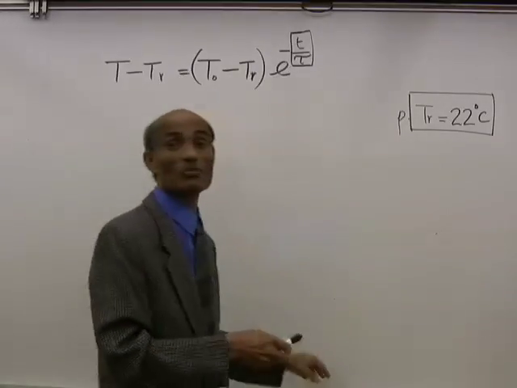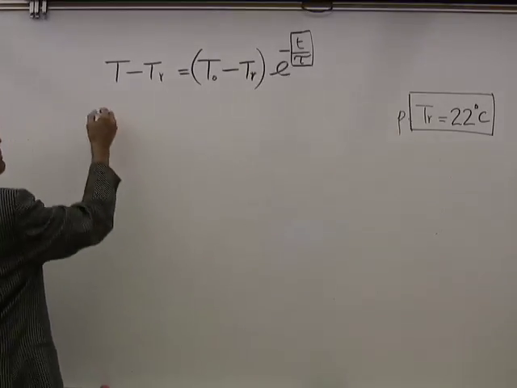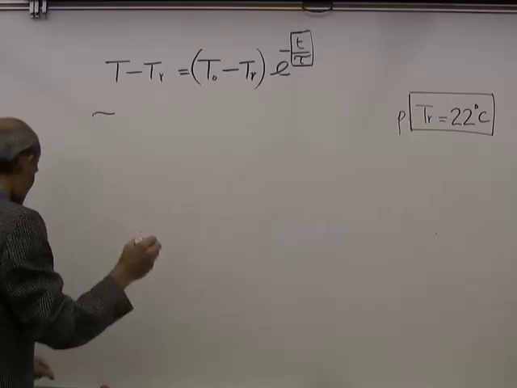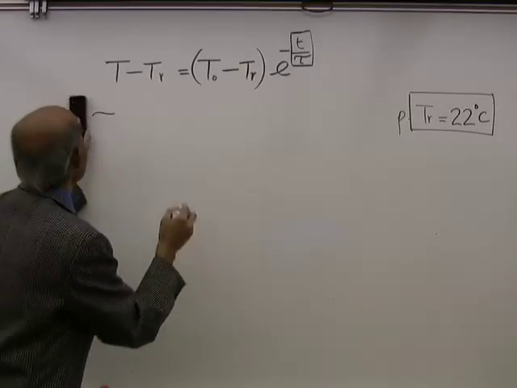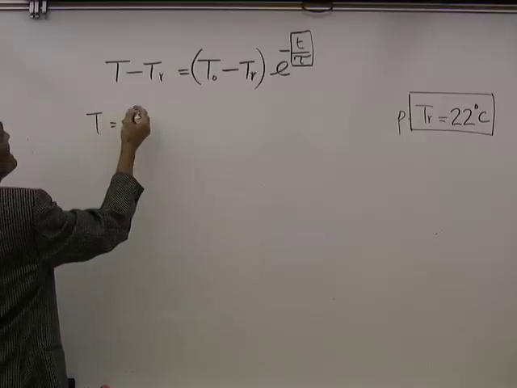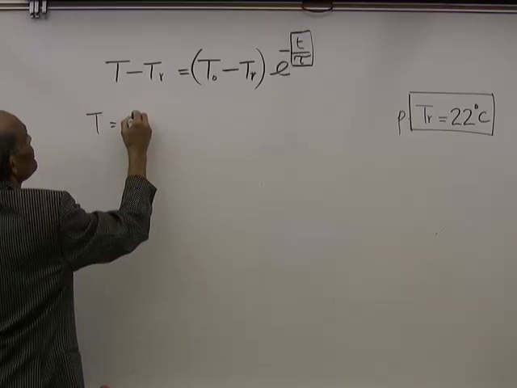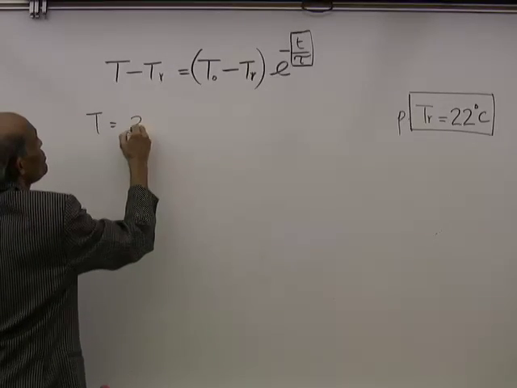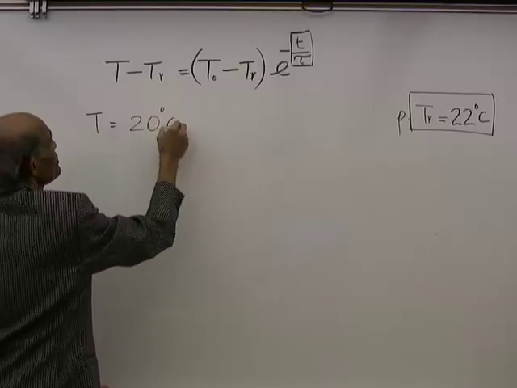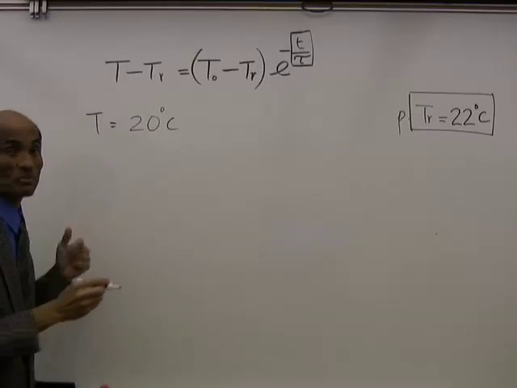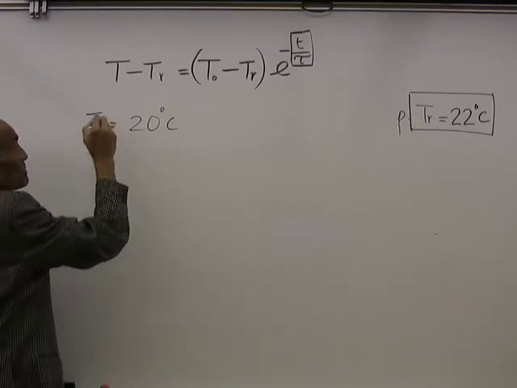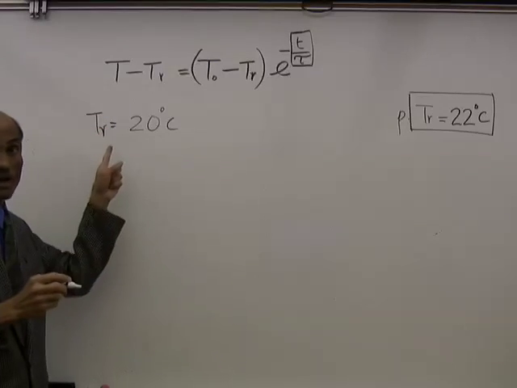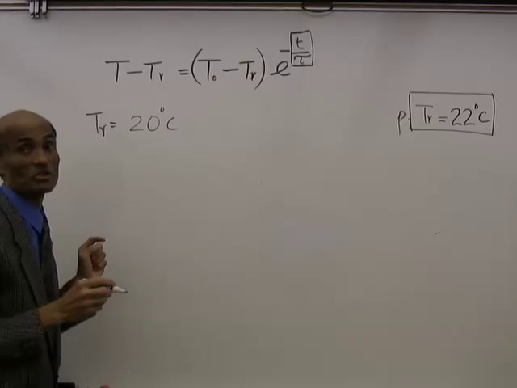A dead body was detected in a room which kept a constant temperature of, let's say, 20 degrees Celsius. The temperature of the room where the body was found was 20 degrees Celsius.